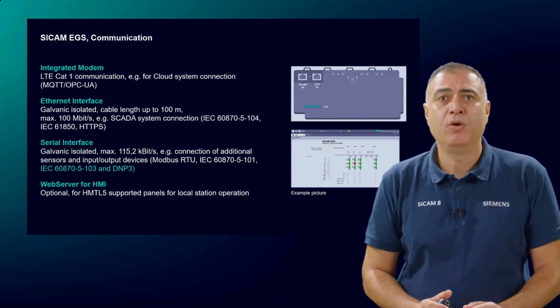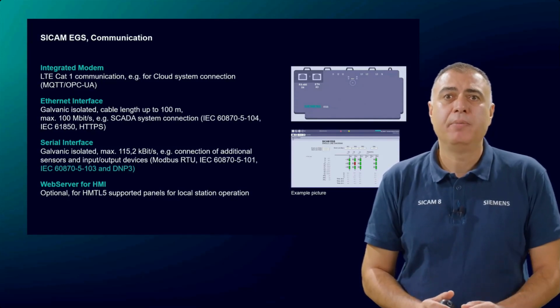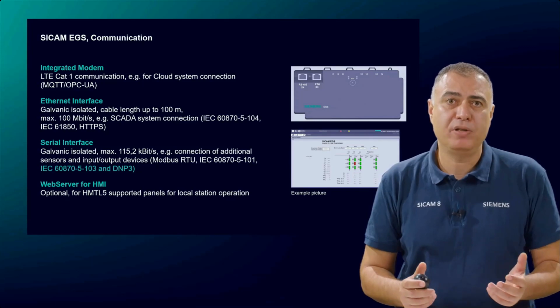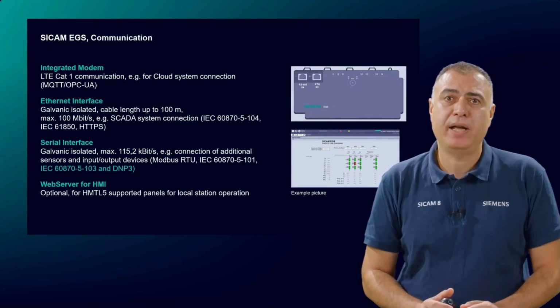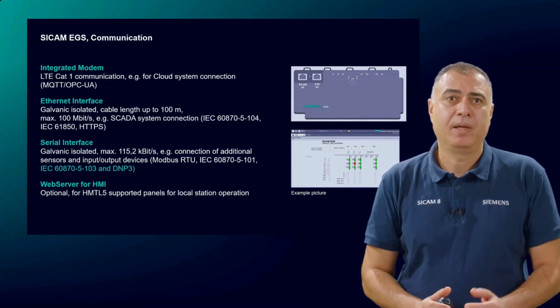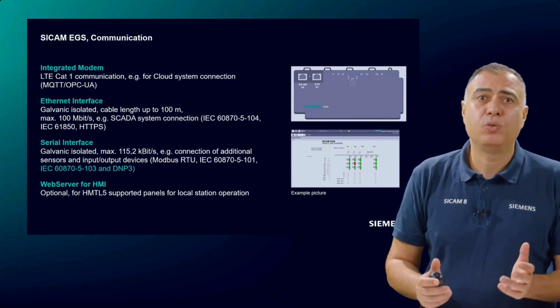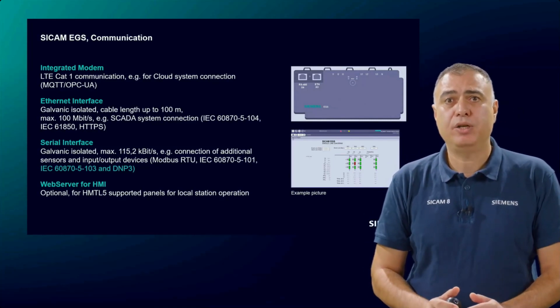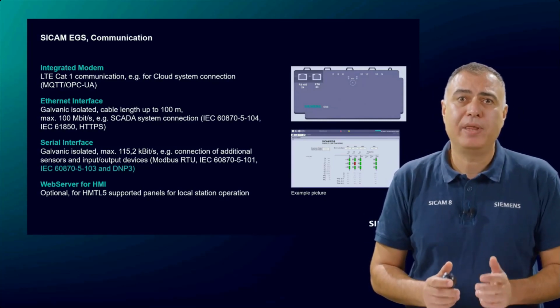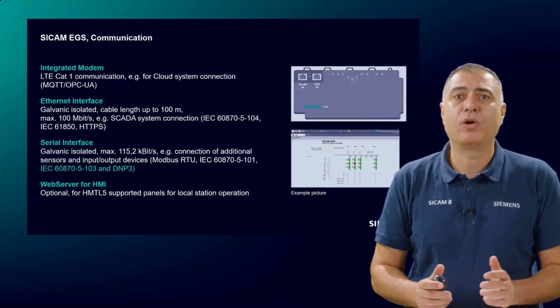For instance, with the help of this function, predefined HMI pictures of a standard substation can be displayed. This feature enables a commissioning engineer to test the correct acquisition of the local data without involving any SCADA or cloud system.